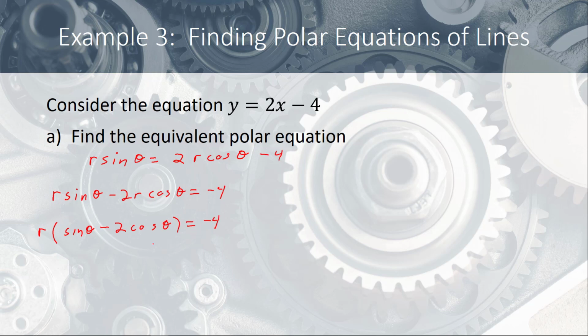Okay, now we can divide both sides by this particular quantity inside the grouping symbol, and that will give us the equation that we're interested in, which is r is equal to negative 4 divided by sine theta minus 2 cosine theta.